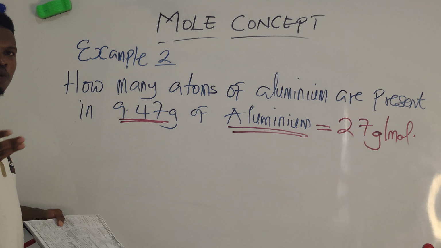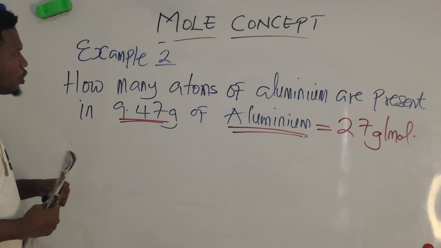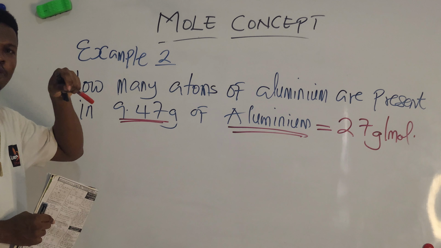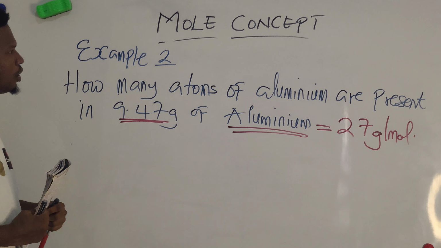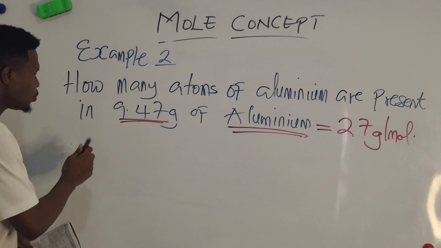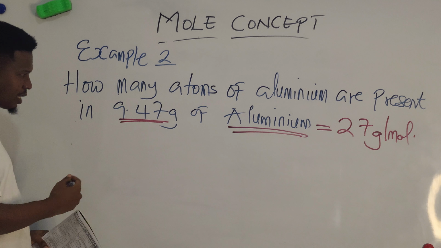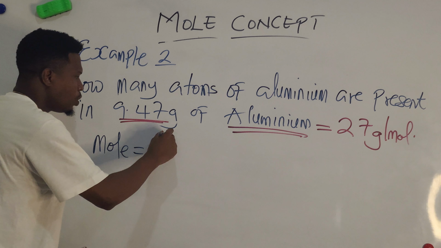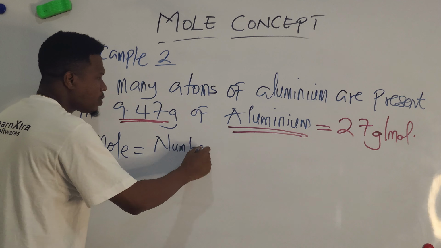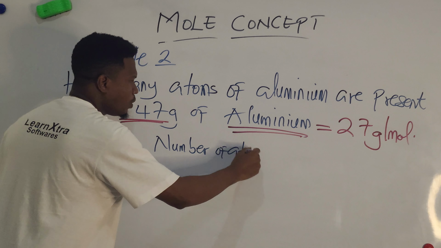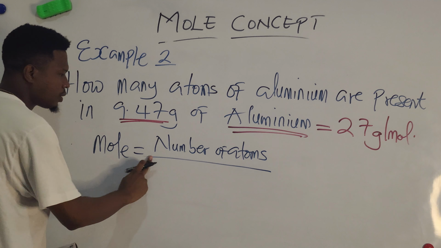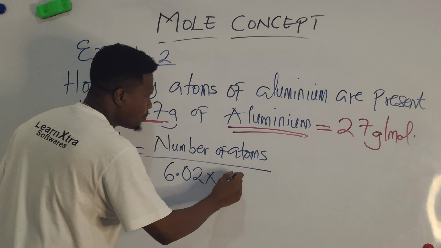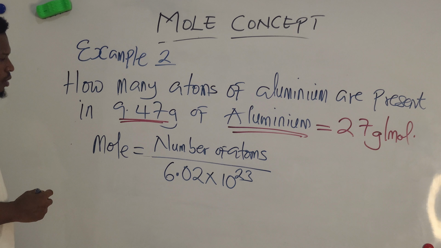From our Avogadro's law, we know that 1 mole of an atom contains a constant number of atoms, which is 6.02 times 10 to the power of 23. So from that expression, we were able to derive a formula which I gave you in the previous class, that mole is equal to number of atoms all over the Avogadro's number, which is a constant number, 6.02 times 10 to the power of 23.